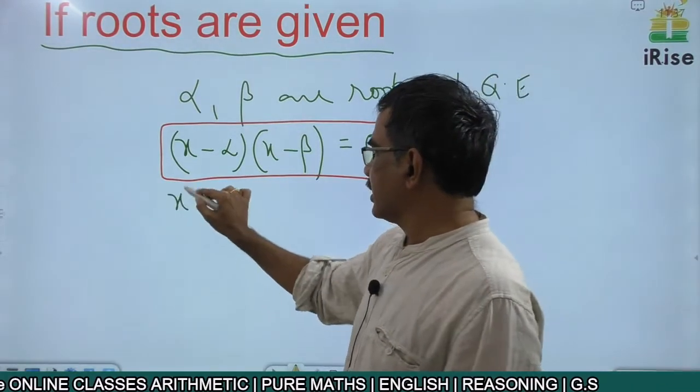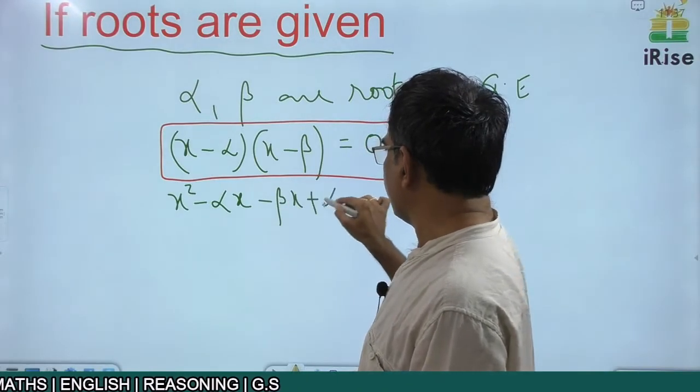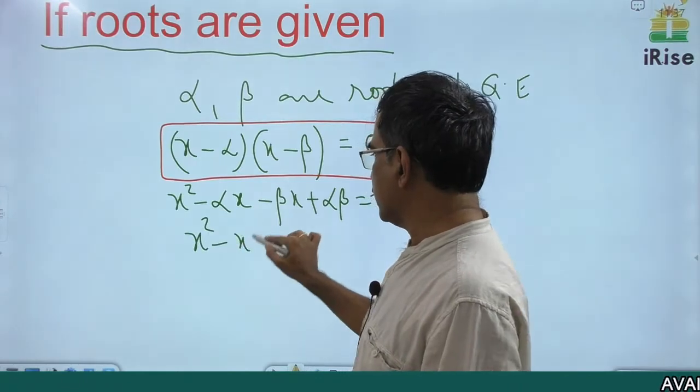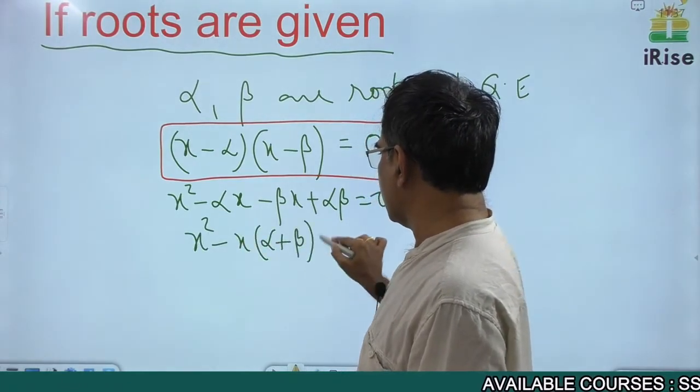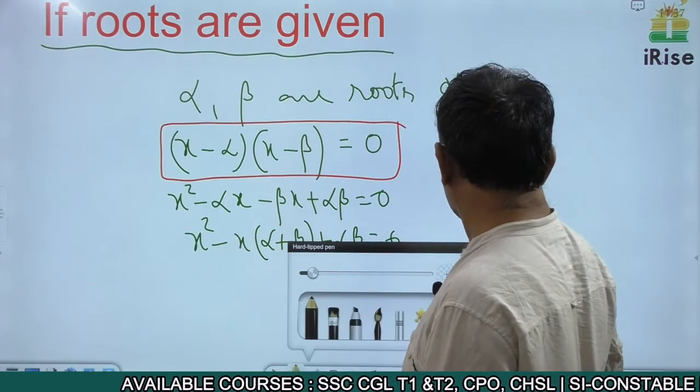Multiply these two, we get x square minus alpha x minus beta x plus alpha beta is equal to 0. This can be written as x square minus x into alpha plus beta plus alpha beta is equal to 0. This is also the quadratic equation.